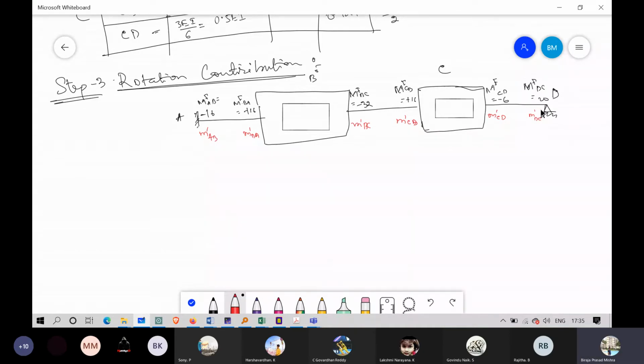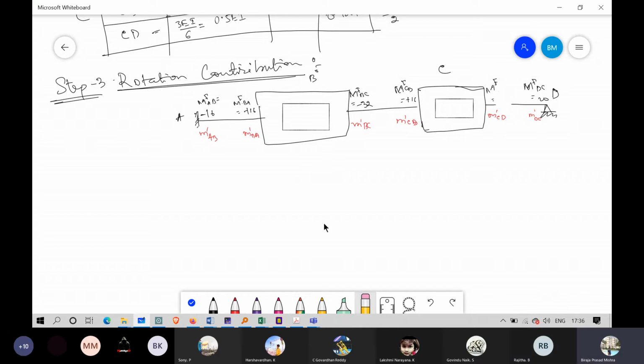Okay. So sir, here we have two values now for MFCD and MFDC, after considering the cantilever load. The final value will be taken, not minus 6. You are correct, Amma.